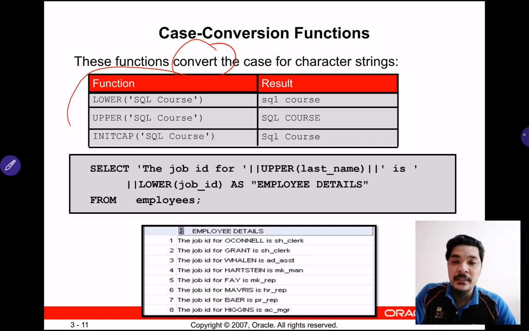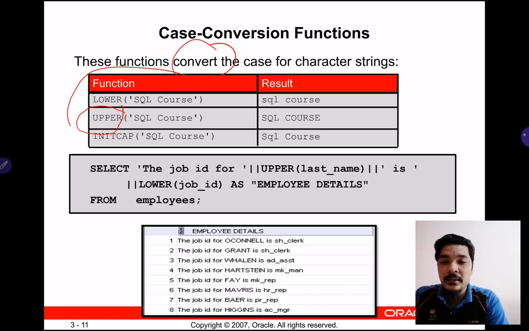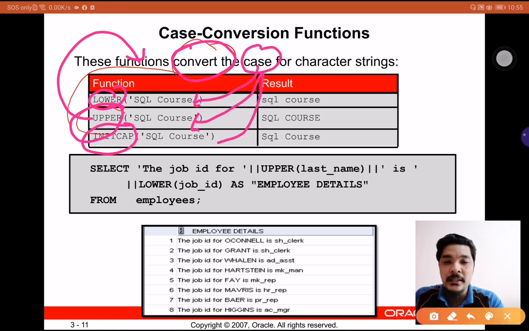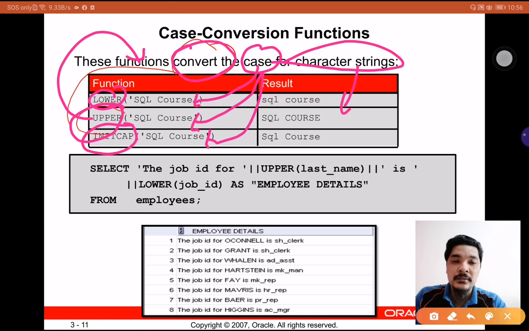If we use UPPER in this example, the function is UPPER. This is what we call a function: LOWER, UPPER, INITCAP. These functions can convert the case of the SQL Course character string, based on whichever function we determine here.